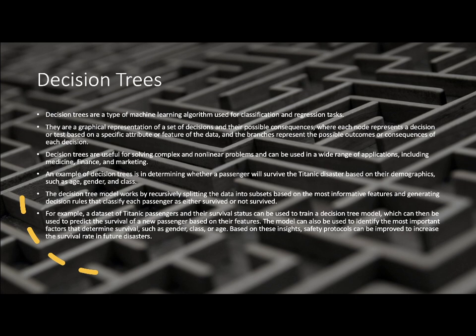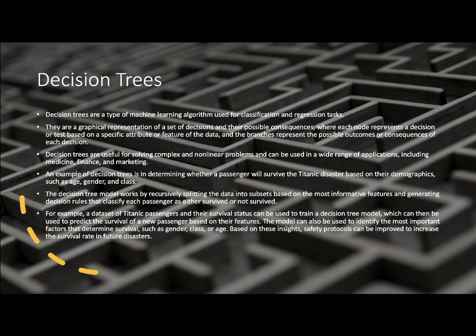Another model is the decision tree, also a machine learning algorithm for classification and regression tasks. Usually this is useful to solve complex and nonlinear problems and can be used in a wide range of applications, including medicine, finance, and marketing. For example, you can see here, the decision tree can help predict whether a passenger will survive the Titanic disaster based on their demographics such as age, gender, and class.